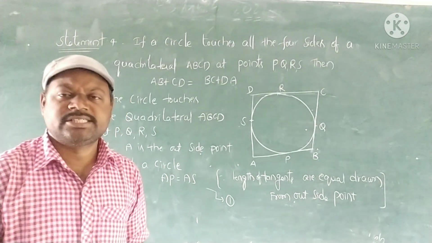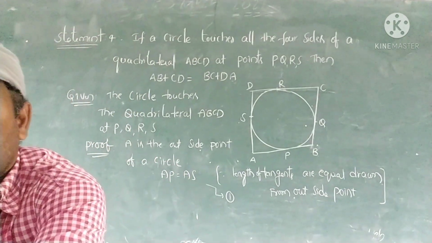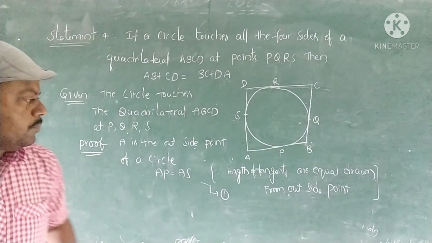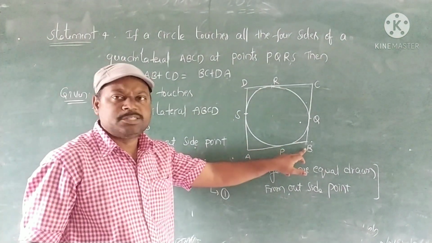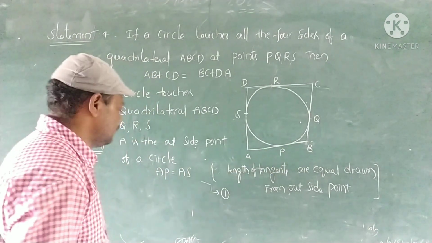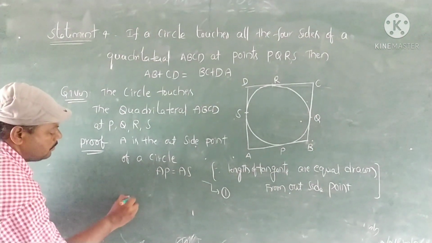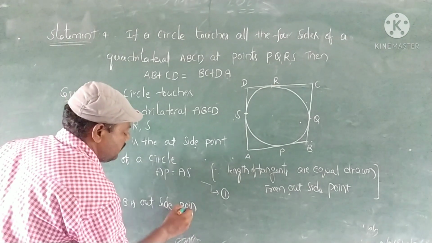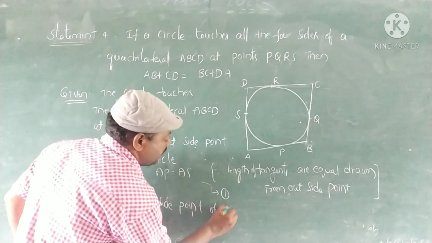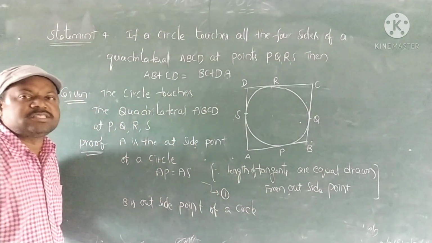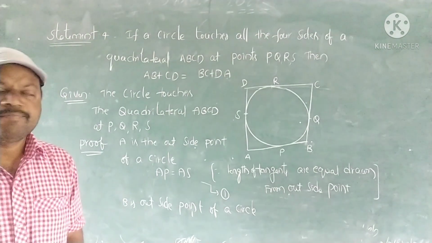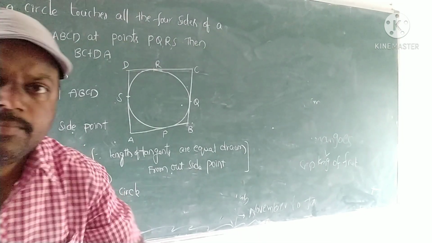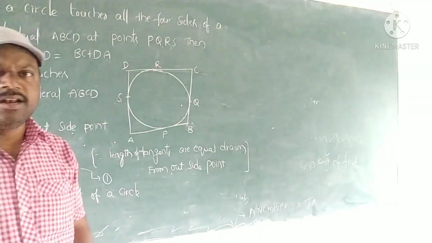Next, the second vertex is B. B is the outside point of a circle.